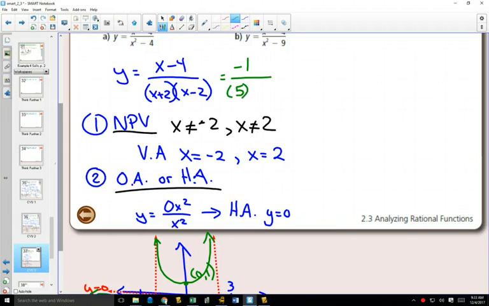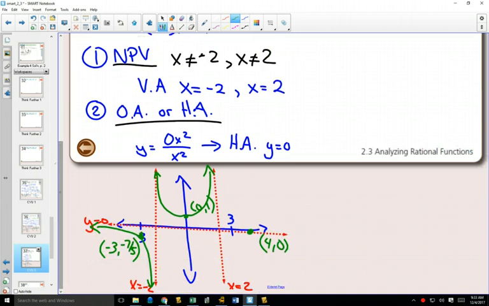You would get 5 there and 1 there. So if I plugged in x equals 3, I'm going to get -1/5. So that tells me it's going down towards that asymptote.